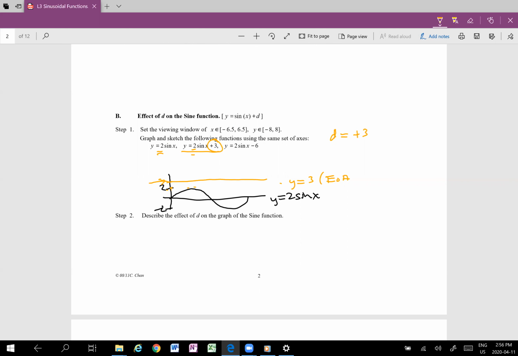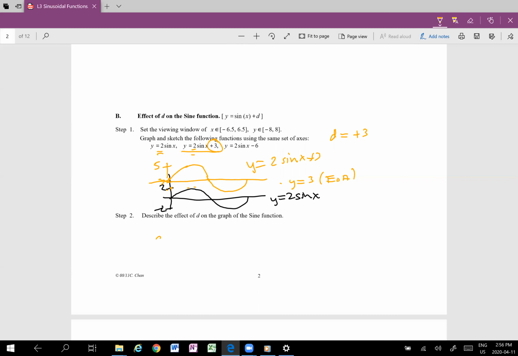That's 3. So we have to go to 5, down through 3, and then down to 1. So it should be congruent to the black one, but this has obviously been shifted up. Describe the effect of D in the graph.